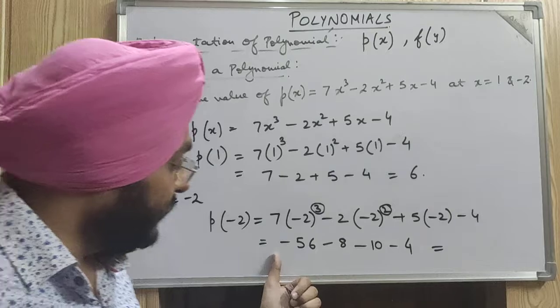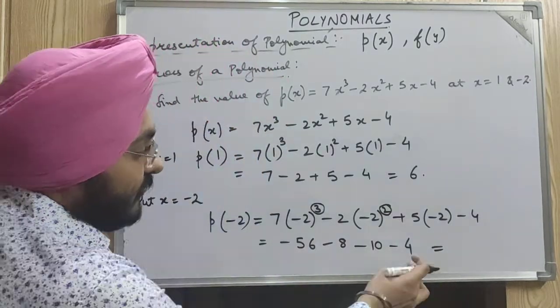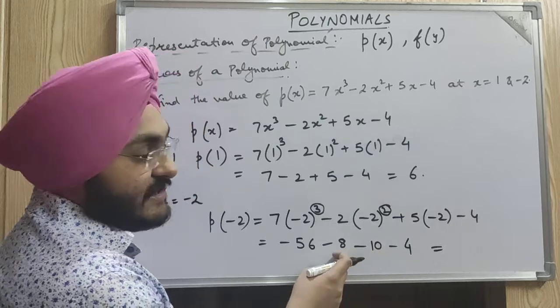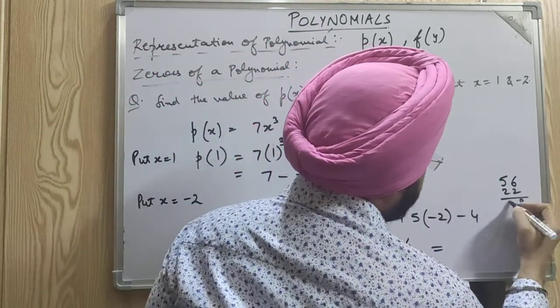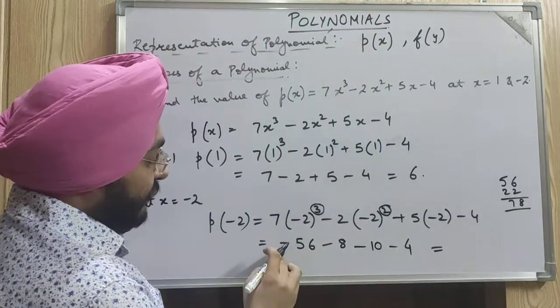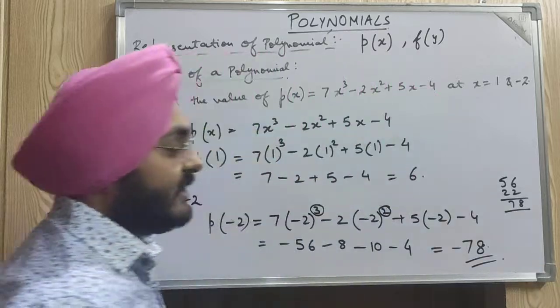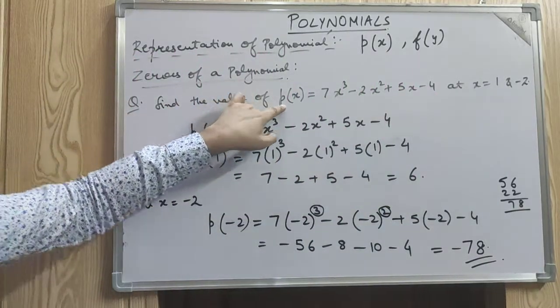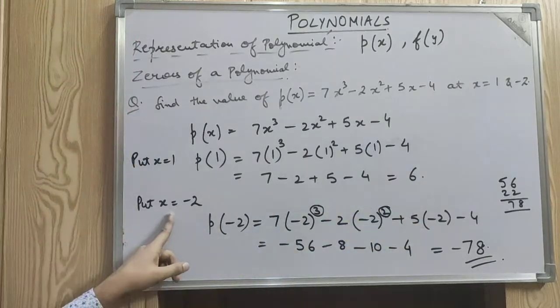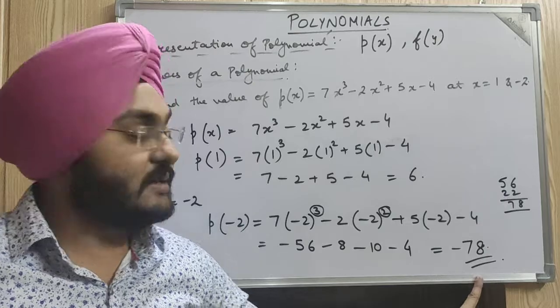Now all have the same sign, so we'll be adding: 4 plus 10 will be 14, 14 plus 8 will be 22. Adding 56 with 22, I will get 78, followed by this negative sign. So at x equal to 1, the value of this polynomial p(x) is 6, and at x equal to minus 2, the value of this polynomial p(x) will be minus 78.